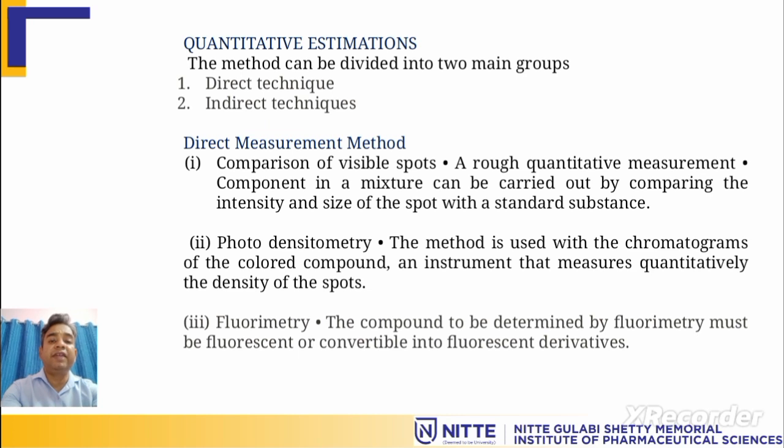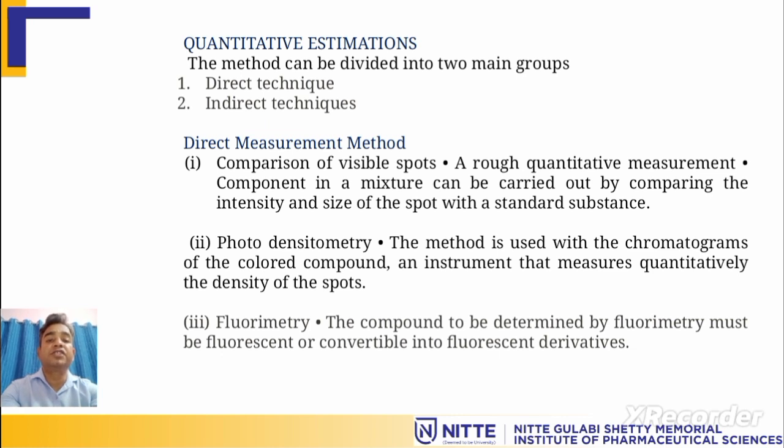In direct technique, we have different types. We have fluorometry, we have photodensitometry, or comparison of visible spot. In comparison of visible spot, you should have a standard sample, and you can roughly quantify the component in the mixture by comparing the intensity and size of the spot with a standard substance, and you can know how much of the substance is present.